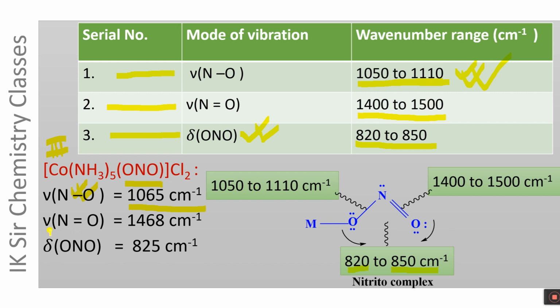The other is due to stretching of N double bond O at 1468 cm^-1, whose position falls in this range. The third is due to bending of the NO2 group at 825 cm^-1, which falls in this wave number region. Thus, nitrito complexes also exhibit three absorption bands but at different wave numbers in comparison to nitro complexes.